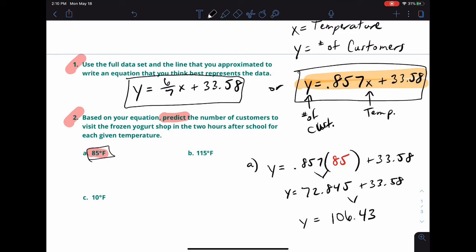Y is customers, so the number of customers I would expect is 106. Well, you can't have 0.43 of a customer, so since we don't have enough for 107, we'll just say 106 customers.